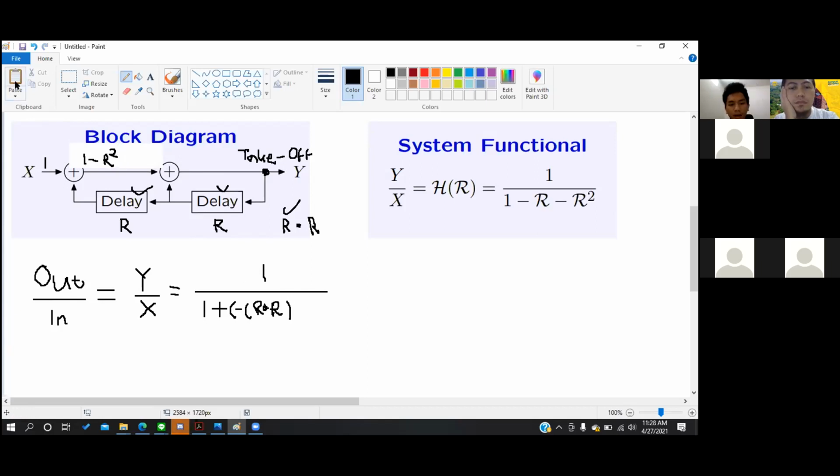Since we already have the output here, we just have to add a delay, sorry, minus r, because the magnitude is minus.